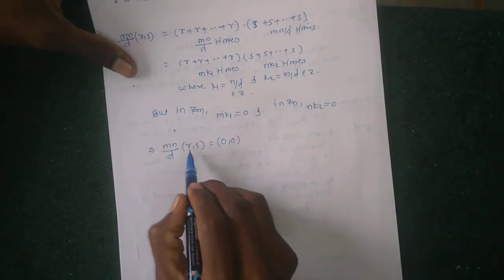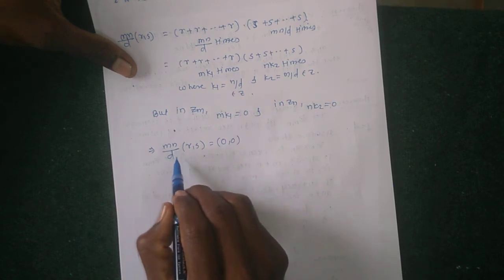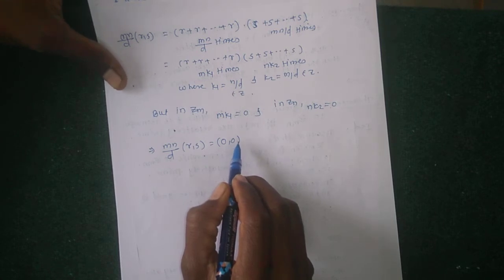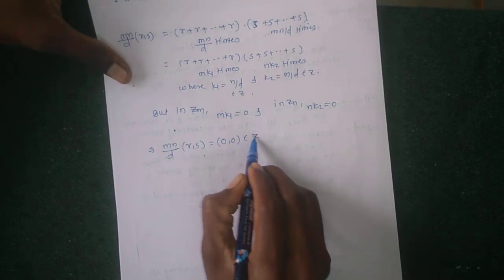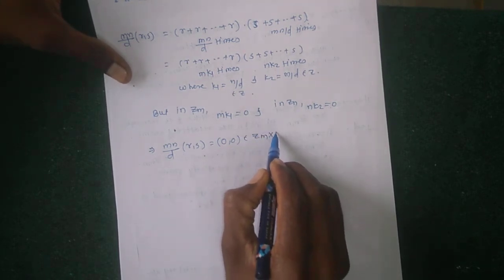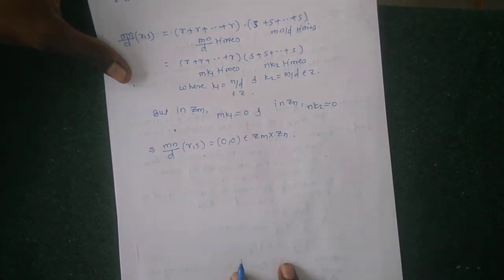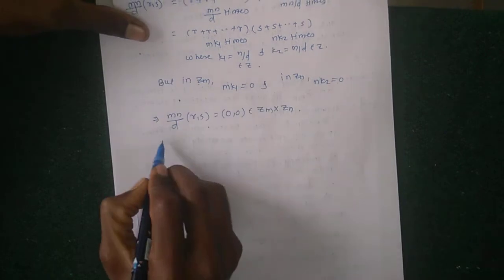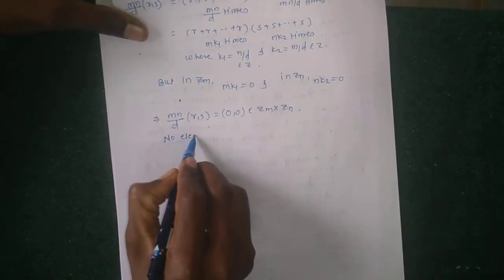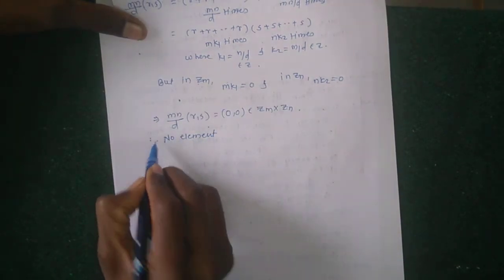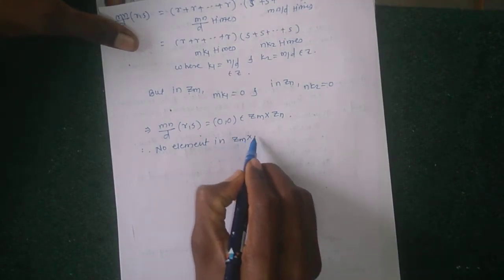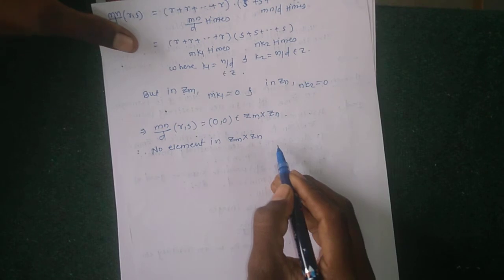So mn by d times the value of RS is equal to (0, 0), and this belongs to the set Zm cross Zn.